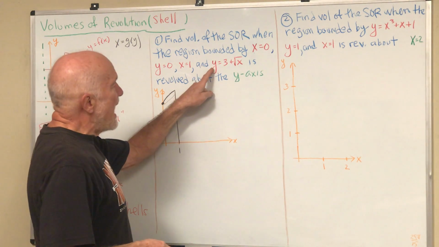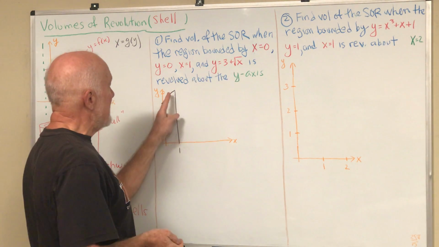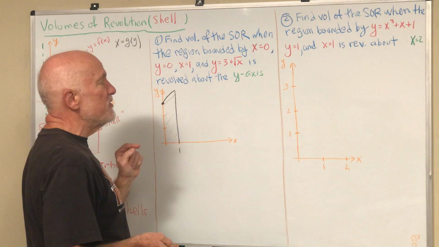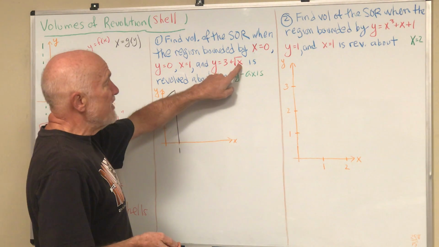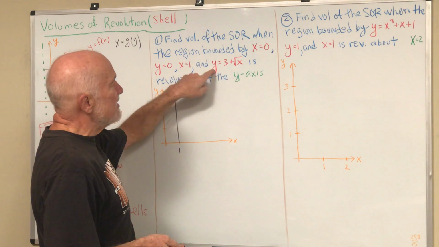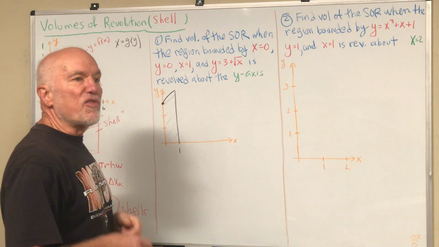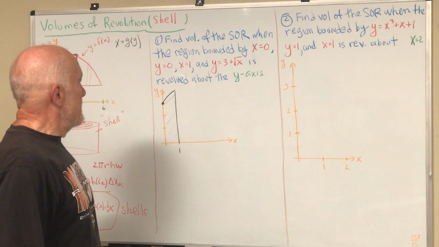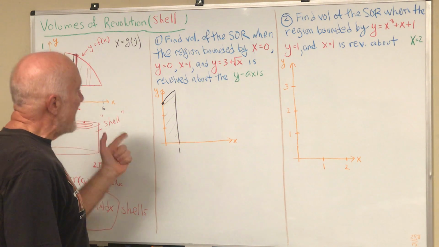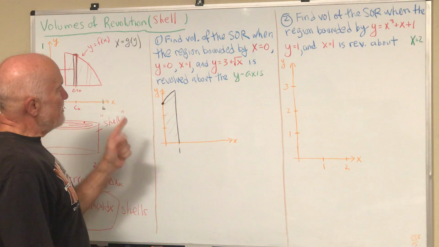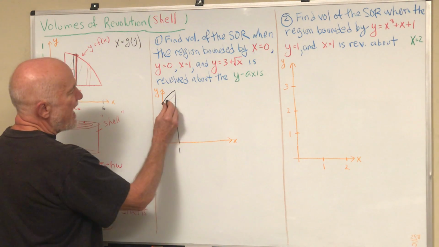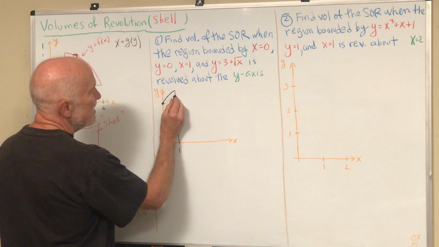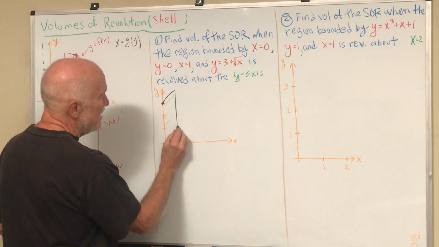Well, we have y as a function of x, so we can make our rectangles up and down, but we could solve this for x. Algebraically, I could solve that for x. So this one we could do either way. But I think there's some advantages to go up and down. If you made your rectangle sideways, you'd have a different rectangle here than you would over here.